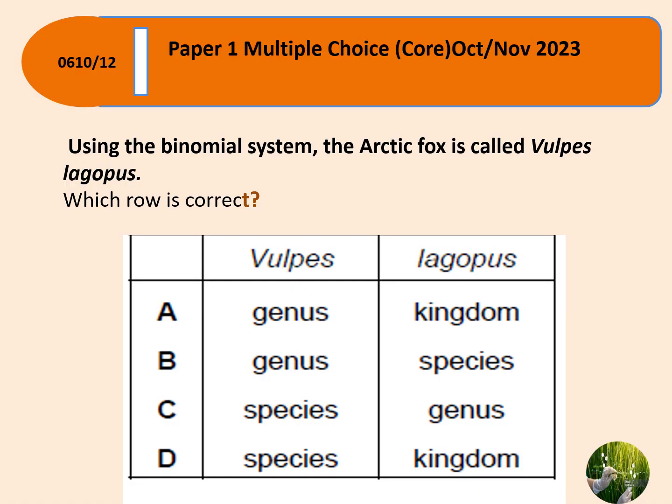A is Vulpes is the genus, that is correct, but lagopus is given as the kingdom, which is wrong. Then if we take option B, Vulpes is the genus and lagopus is the species. So that is the correct one. B is the correct answer.